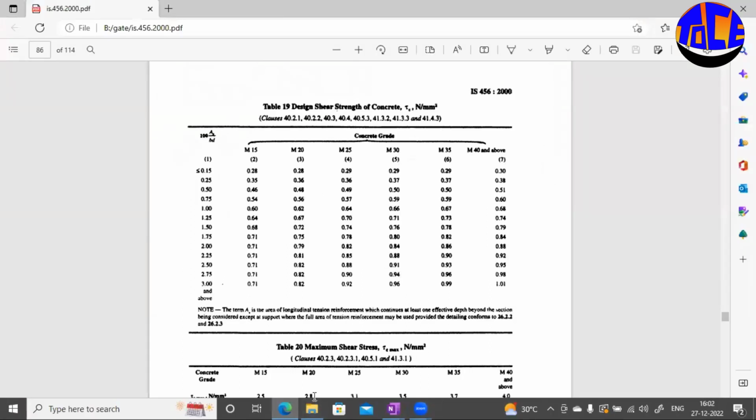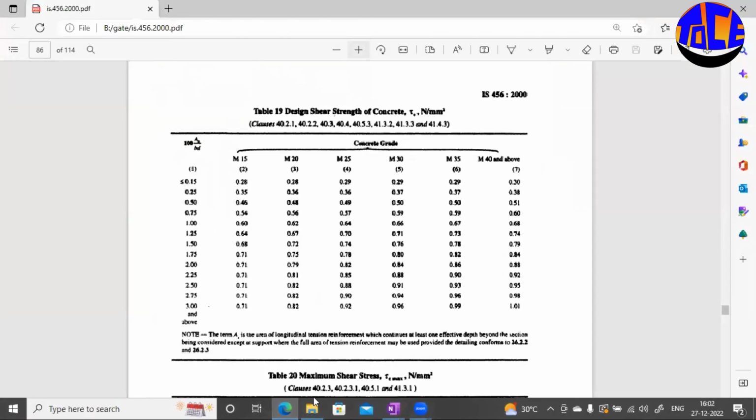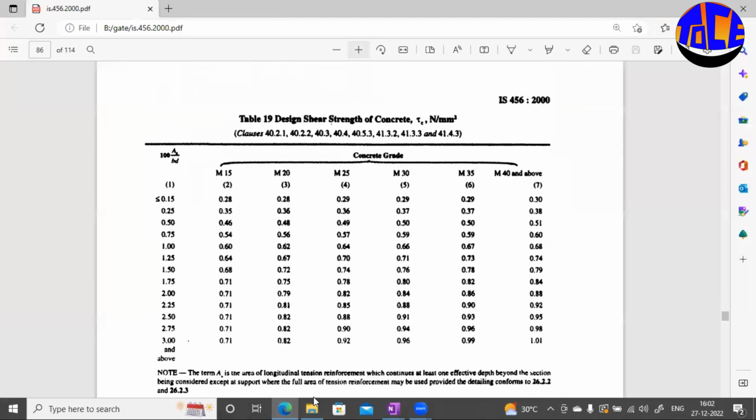In order to use this table, you need the percentage of steel and the grade of concrete for which you are designing. For footing, the grade of concrete is M20, and let us assume the percentage of steel is around 0.25. So for 0.25, what is the tau C value? The tau C is 0.36.